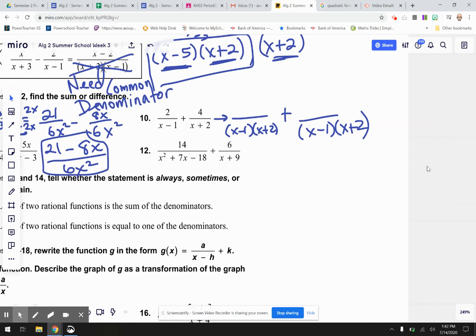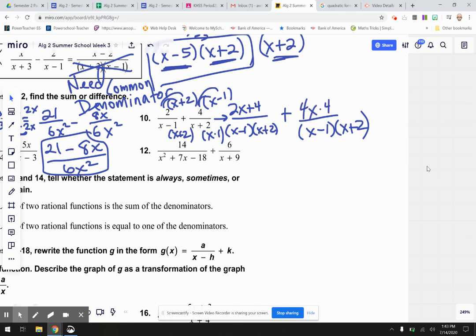for both denominators. So the first fraction, you're just going to need to multiply by the x plus 2 on top and bottom. So 2x plus 4 is what we're going to get up here after you distribute. The second fraction, you've got to multiply by x minus 1. So that's going to be 4x minus 4.